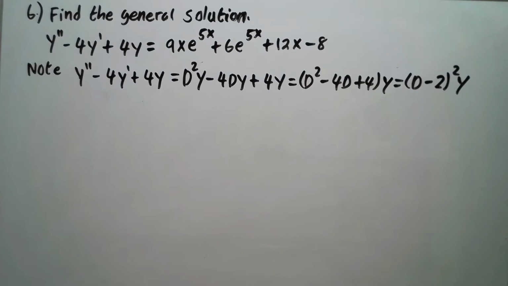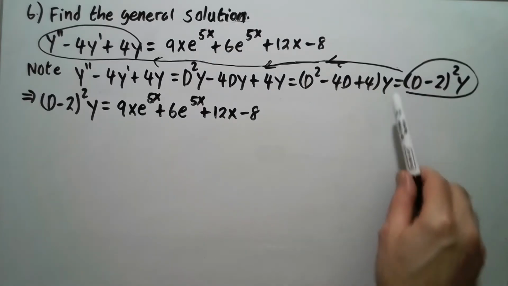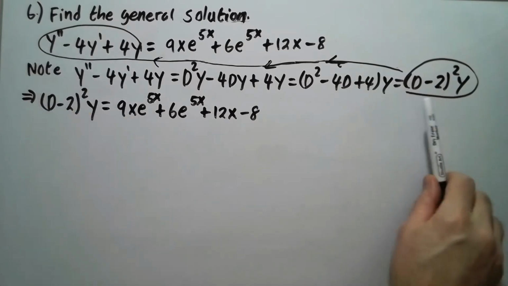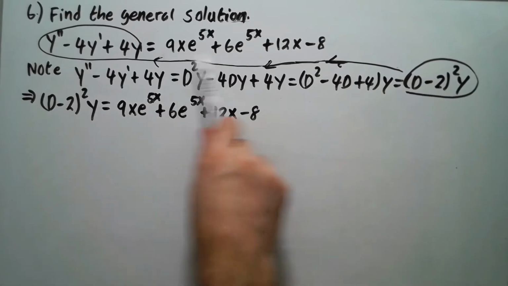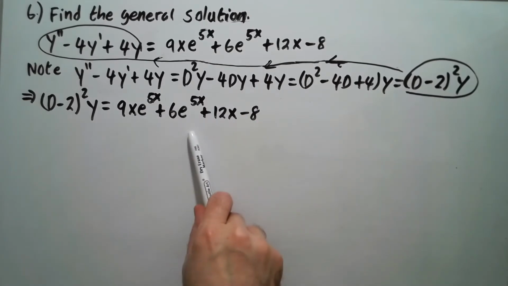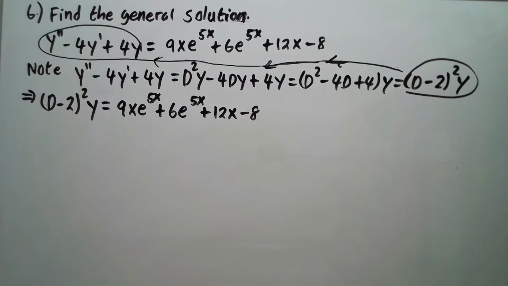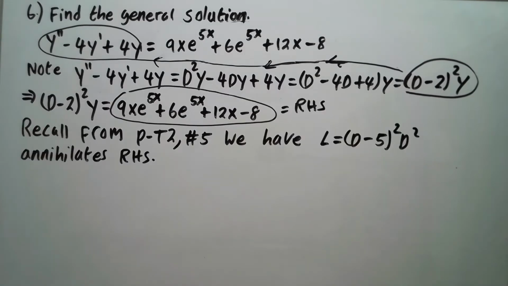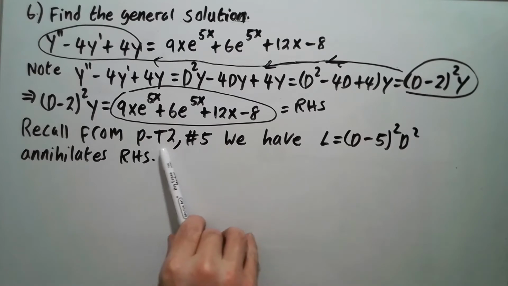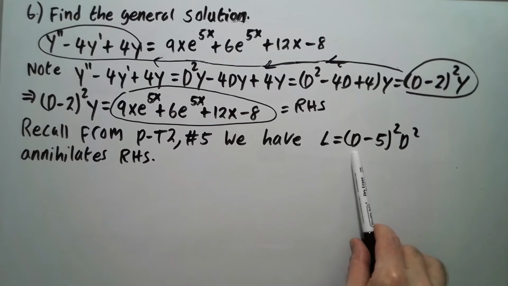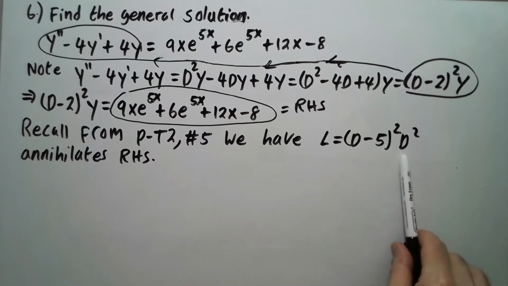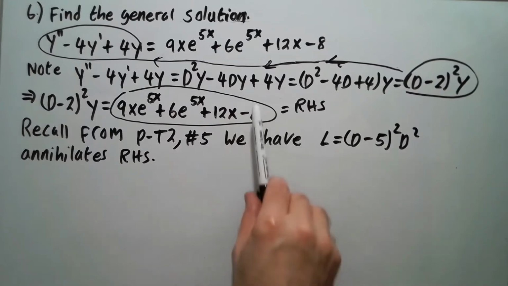Okay, so next, we can replace the left side with D minus 2 squared times y, which I've done here, equals the right hand side still. Now let's recall from number 5 on the practice test, we have that this linear differential operator, D minus 5 squared D squared, annihilates the right hand side.